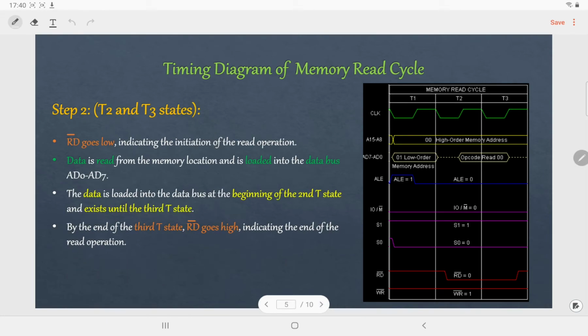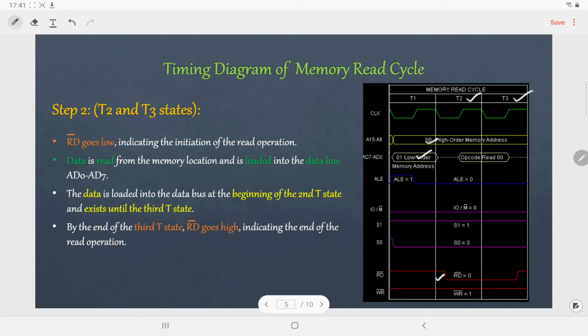Now let us discuss the T2 and T3 states of memory read machine cycle. In T2 the RD bar goes low, that means here the microprocessor will read the data from the specified address.